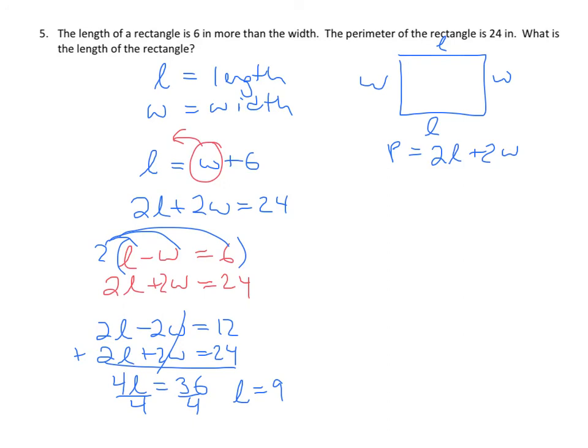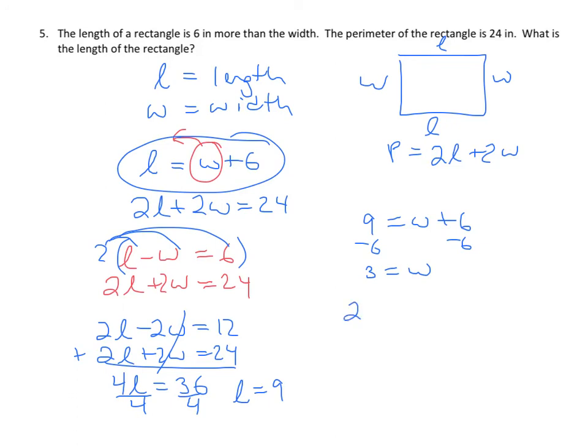The question was just asking for the length of the rectangle, so technically I'm done, but let's find the width too and check the answer to make sure it worked. So length is 9. If I plug that back into this equation, I get 9 equals W plus 6, subtract 6 from both sides, and we get 3 equals W. So let's check that in my second equation and make sure that gives a perimeter of 24.